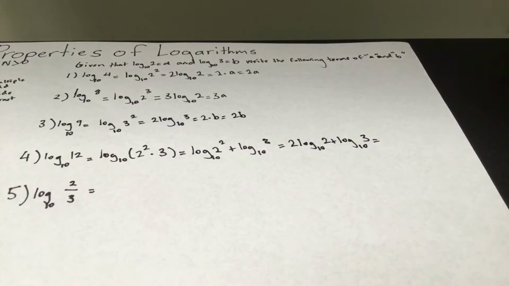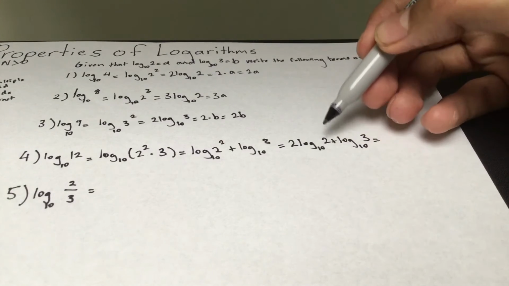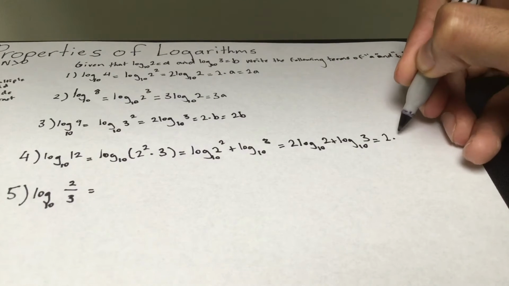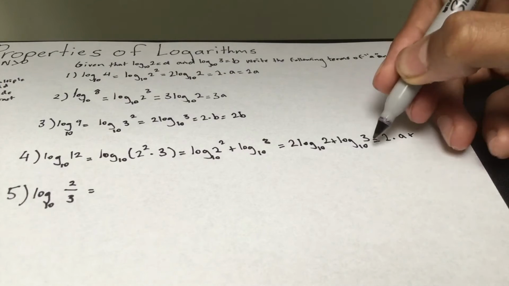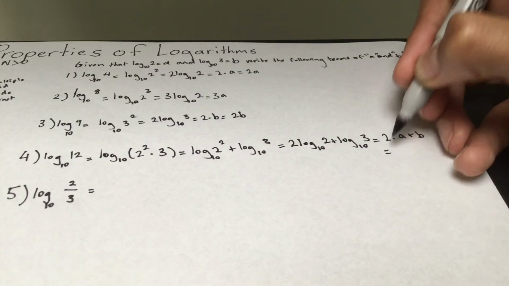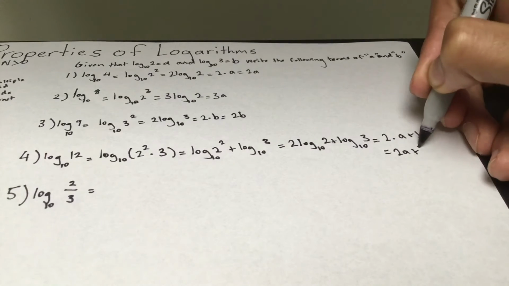And the last part is to substitute. So we substitute log 10 2, and we replace it with a. So 2 times a plus, and log 10 3 is replaced by b. So plus b. And then our final result is 2a plus b.